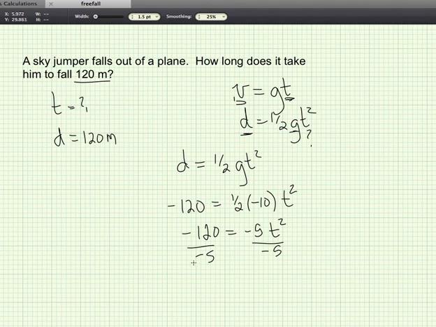If I take 120 divided by 5, that leaves me with 24 equals t squared. To solve for t, I have to take the square root of both sides. And when I do that, using my calculator, I get 4.9 seconds.